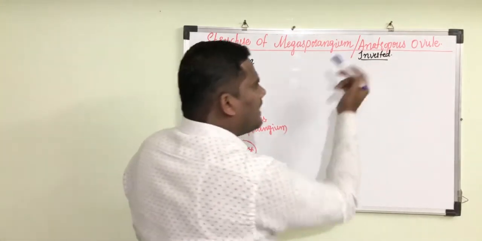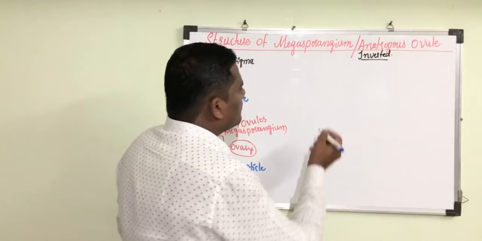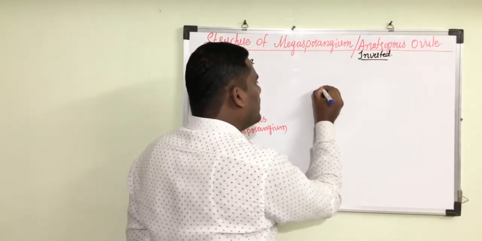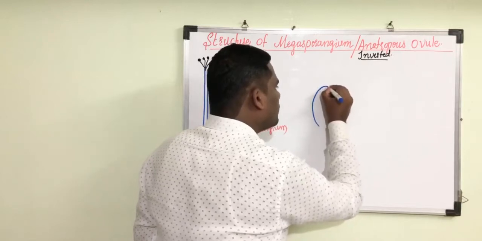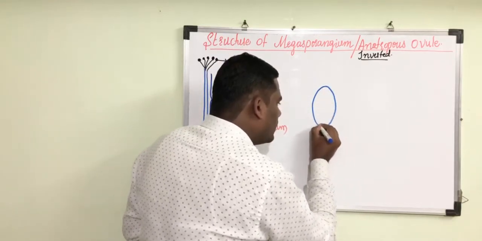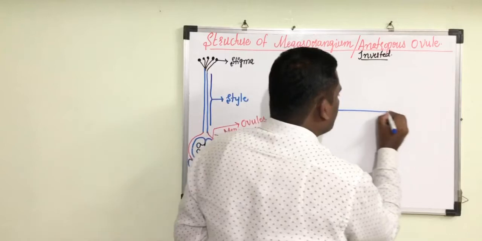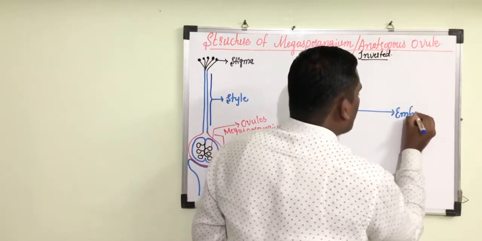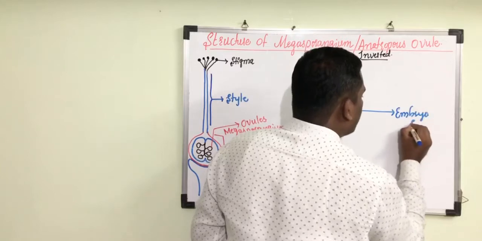If I draw the anatropous ovule, the central part of the anatropous ovule consists of the embryo sac.